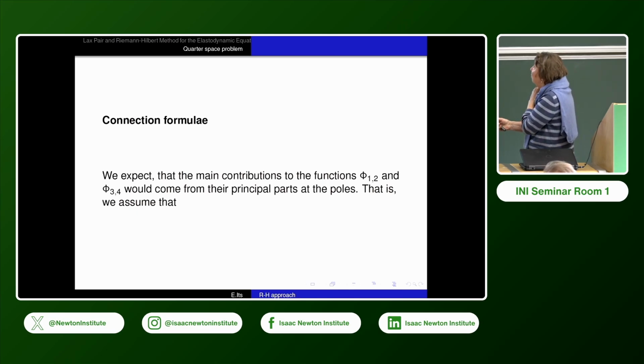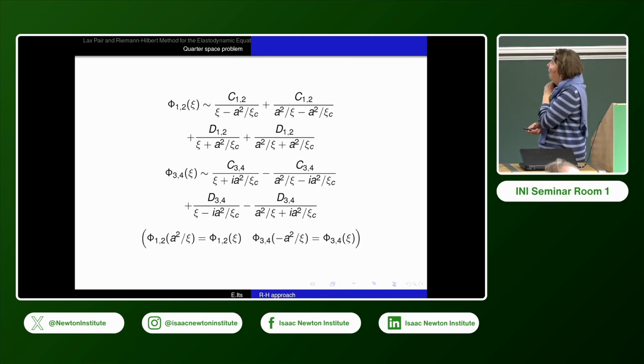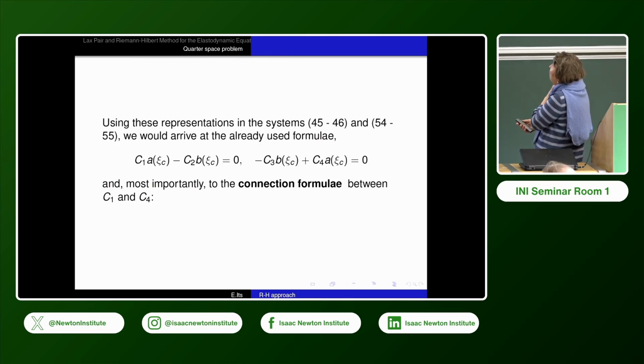That is, we assume that we could write the following representations for these functions in terms of the residues, and we substitute these representations into our systems. And finally, we obtain certain formulas, which we obtained from just simplifications, this one and that one.